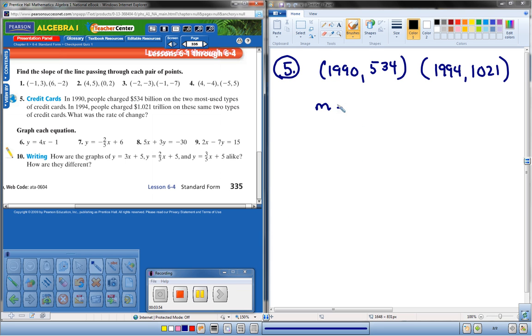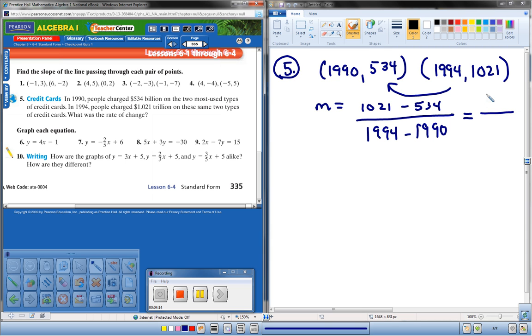It says the rate of change. Let's calculate the slope. Difference in the y's. I'm going to go this direction here. I'm going to go 1,021 minus 534 over 1994 minus 1990. 1,021 minus 534, I need help there. I don't know what that is. I'm guessing it's 400 some.